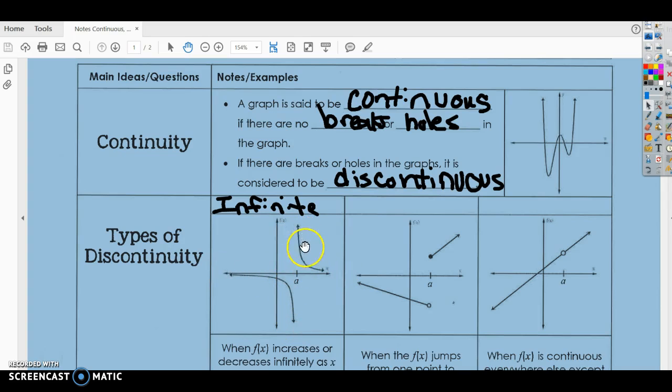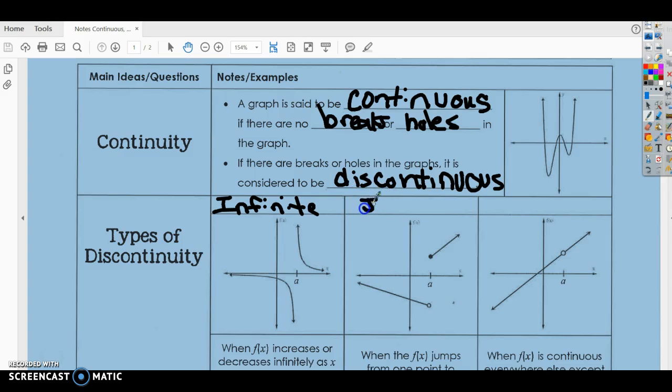This one is increasing infinitely. And if you know f of x just means your y value. So the y-axis is up and down since this graph is decreasing and increasing in both directions. It is discontinuous because it's a break in the graph, but it is considered infinite.